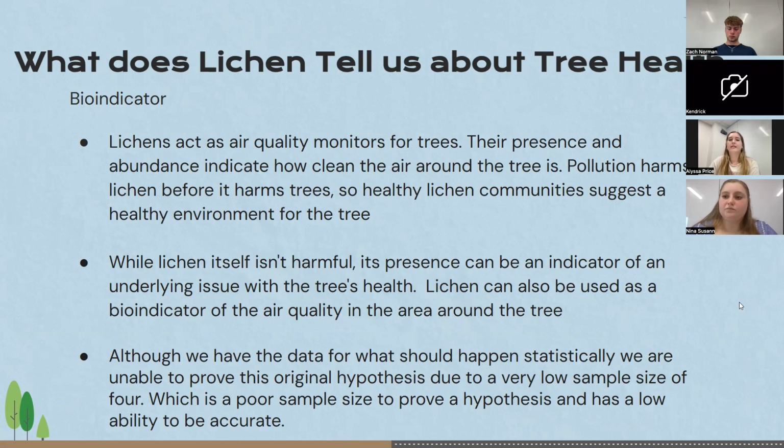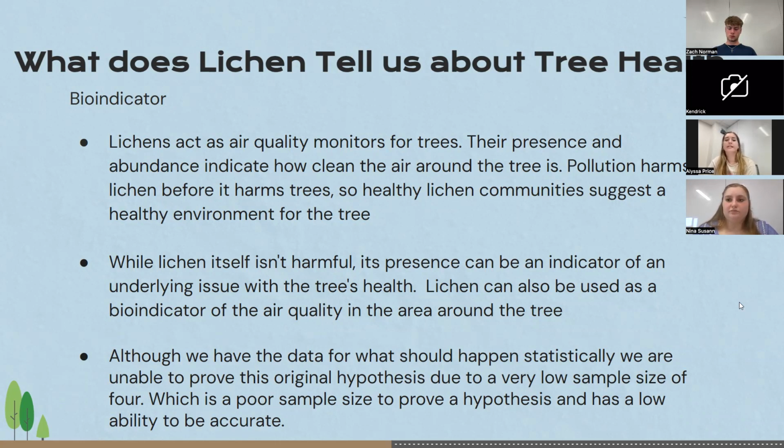We talk about how lichen is a bioindicator a lot, and that is because of the algae and fungi that make up lichen. And lichens act as an air quality monitor for trees. So if the lichen turns a specific color, it usually means there's a lot of pollution in the area, and it's a really good indicator of the tree health and the other species' health in the area. And their presence and abundance also indicates how clean the area around the tree is.